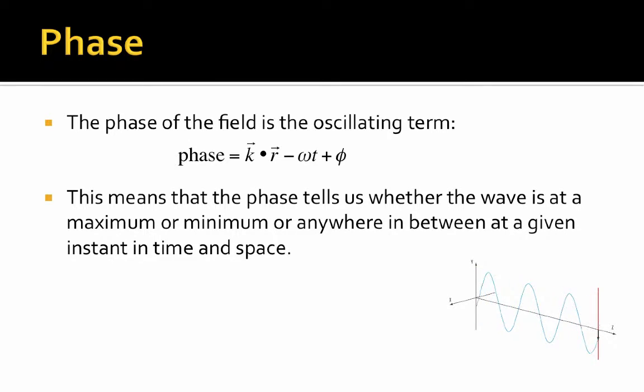The phase is where it is in the cycle, in a full wave cycle of the wave. So at some instant in time, that black arrow will be pointing either up or down or be zero, and those are all different phases of the wave. And they're given by that phase term.